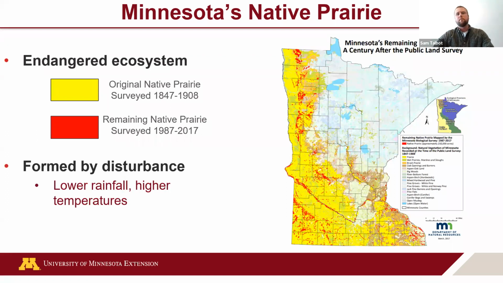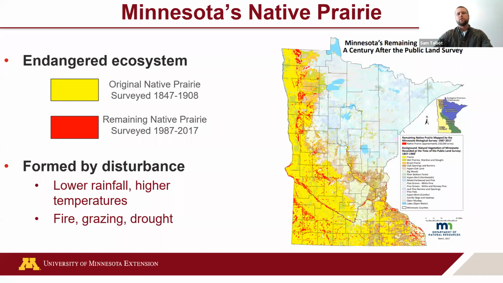And so these habitats are formed by disturbance, and they tend to occur where rainfall is generally lower and summer temperatures are higher compared to some of the other biomes that we have in the state. And they're also formed by these different disturbance regimes. And so when restoring prairies on the larger scale and even at the smaller scale, we mimic these disturbances.